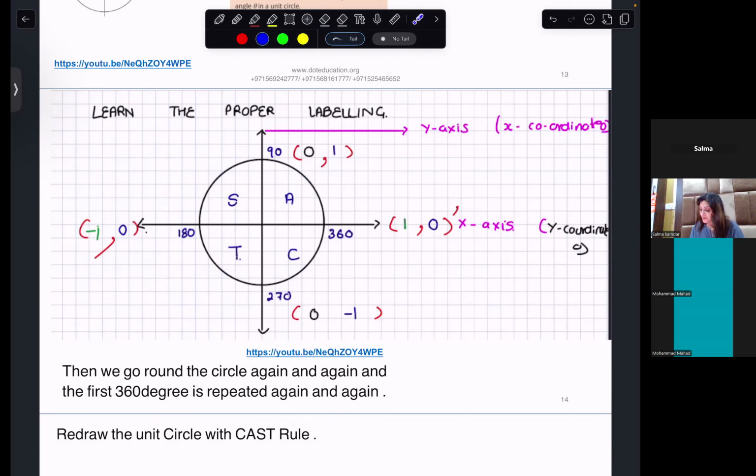You also know that these are 0, 90, 180, 270. On the x axis, y is always 0 and x will be 1 and minus 1.